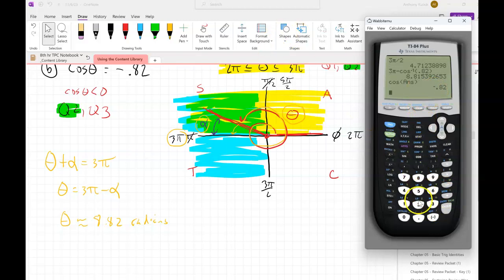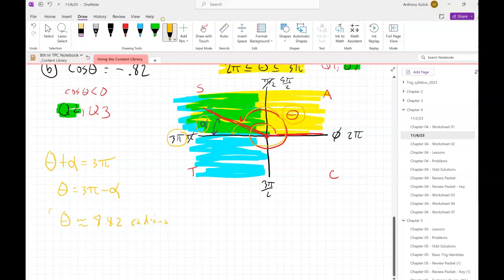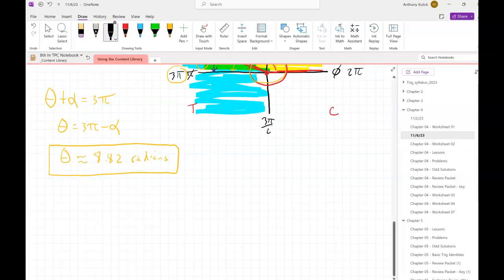And then I check, is that bigger than 2 pi? Absolutely. Is it smaller than 3 pi? Yes, sirree. What does that tell me then? I got the right answer. Feeling good? Okay. All right, let's do one more.